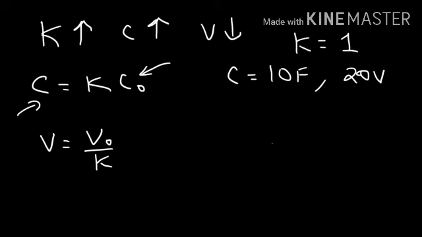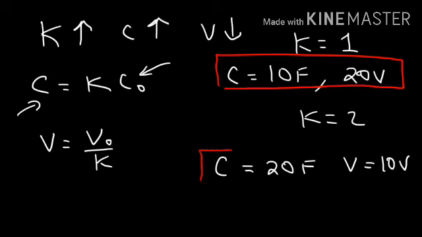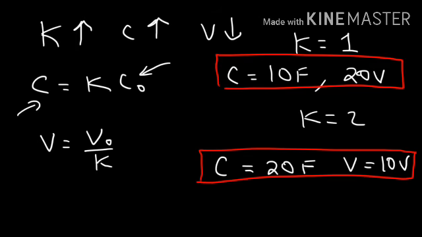Now, let's say if we add a material, and the dielectric has a constant of 2. The insulator has a dielectric constant of 2. The capacitance will increase to 20, but the voltage will decrease to 10. So by increasing the dielectric, you will increase the capacitance, but you will decrease the voltage proportionally. But notice that the total charge remains the same.